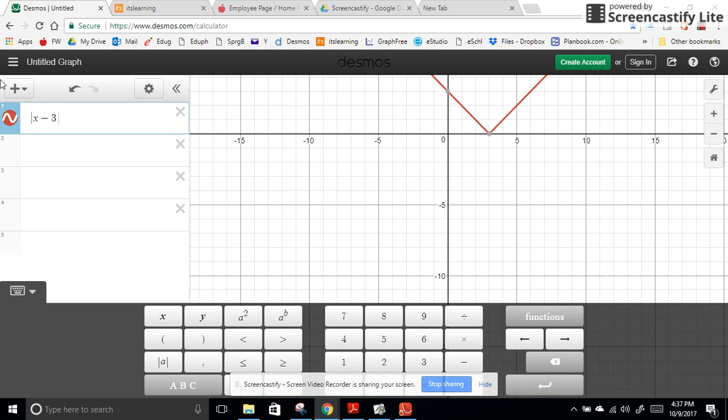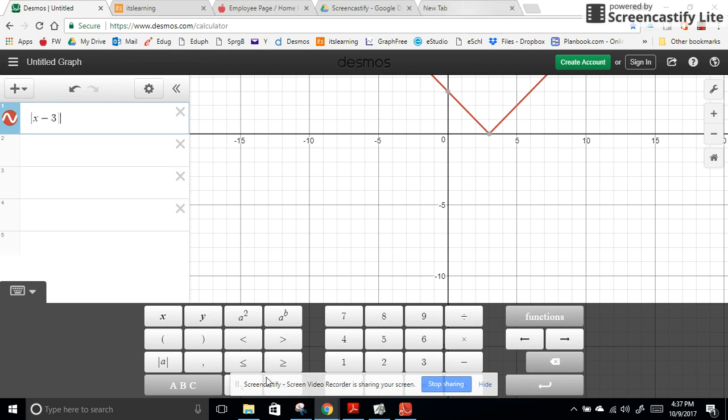That's because they're asking you what x value right here would you have to put in here in order for this absolute value to be 0. And we would need a positive 3 in order to make 3 minus 3 be 0. So we have to move to the right to get the correct x value to make that be 0.